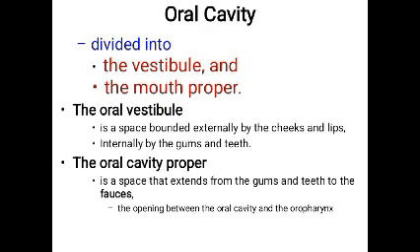The oral cavity proper is a space that extends from the gums and the teeth to the fauces, the opening between the oral cavity and the oropharynx.